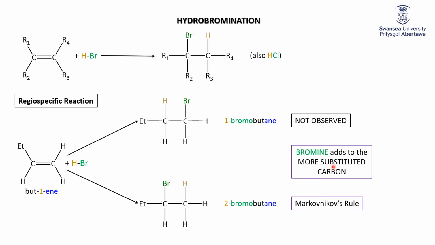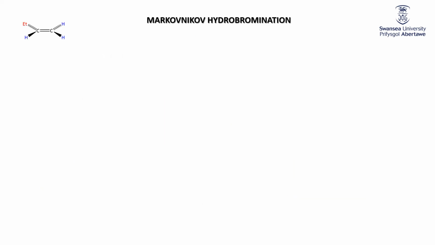It's actually a more extensive version of Markovnikov's rule, which is that the more electronegative atom adds to the more substituted carbon. But we won't worry about that here. We might touch on it in the extension. Now let's see if we can't come up with a reasonable mechanism that would explain this.